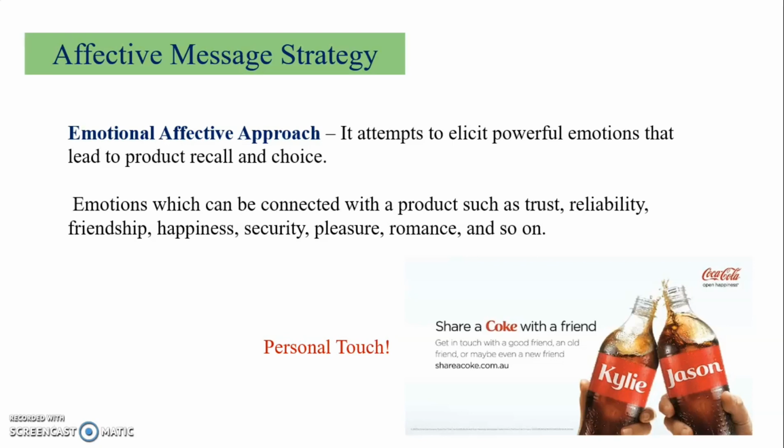Emotions which can be connected with the product, such as trust, reliability, friendship, happiness, security, pleasure, romance, and so on. You can just check YouTube. Type "share a Coke with a friend" campaign, and you will find a lot of videos on this particular campaign.